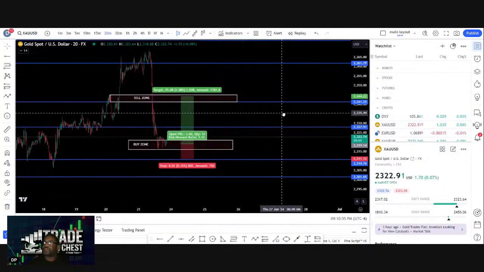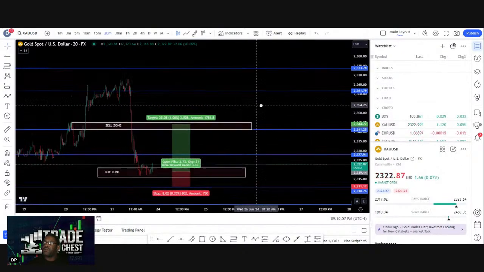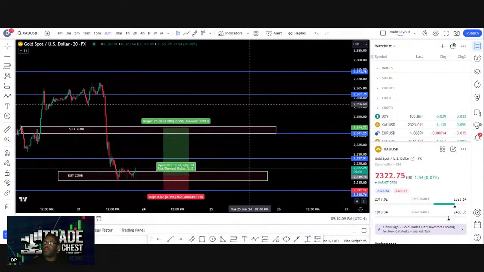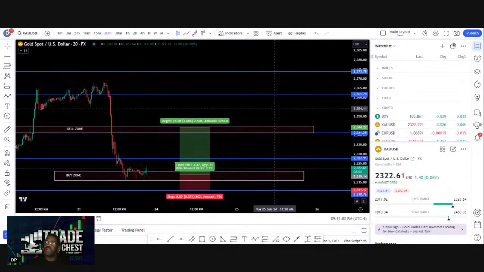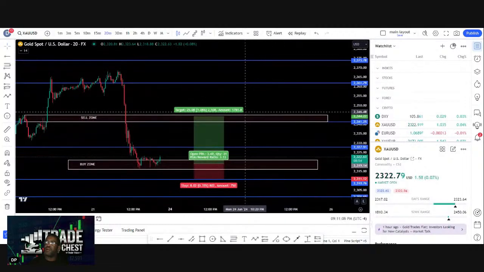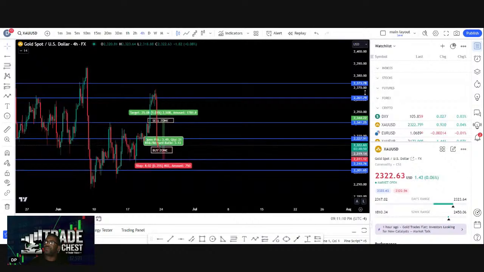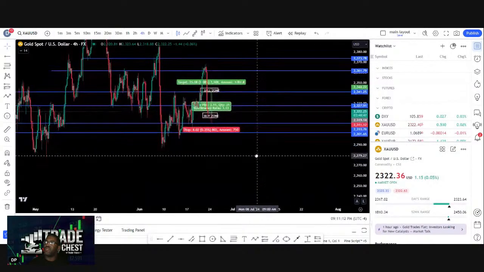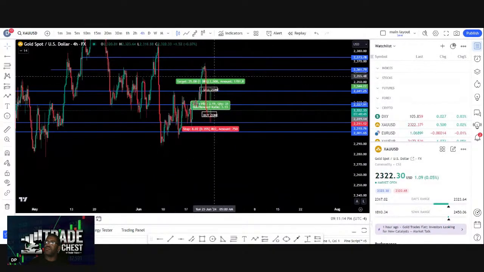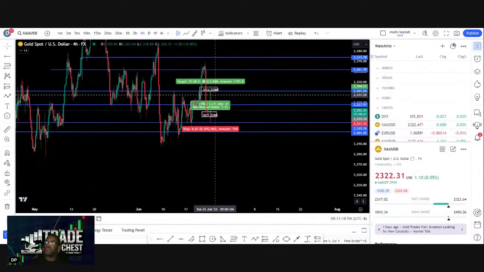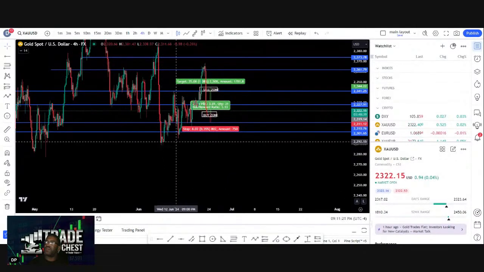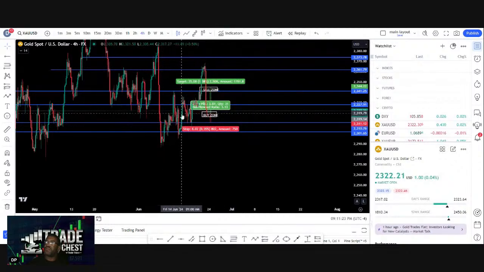So this week we're going to be looking to scalp buys. We'll catch some sells when the time comes. But I'm of the opinion that if we go to a 4-hour chart, we can see that gold is on this upward momentum for the month of June and going into July.